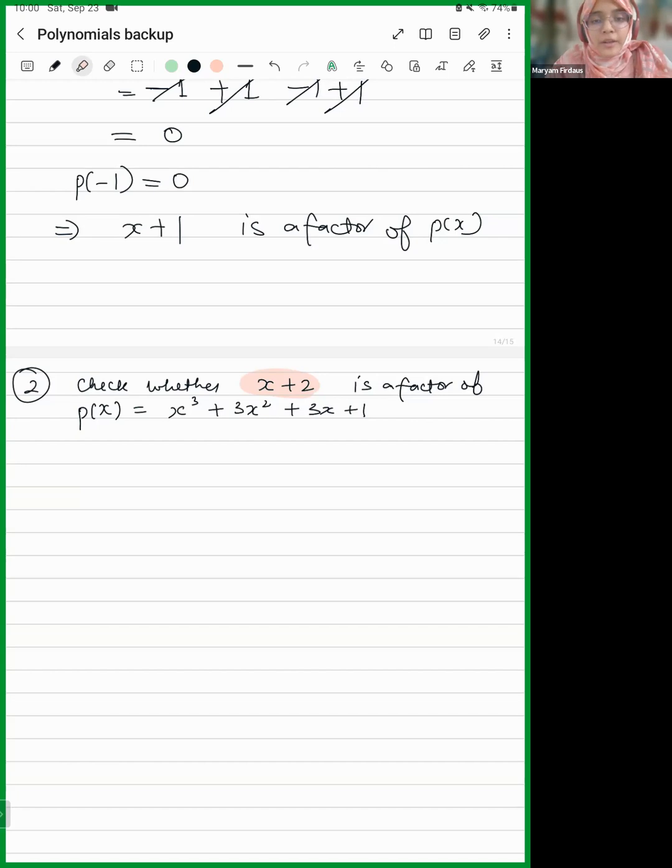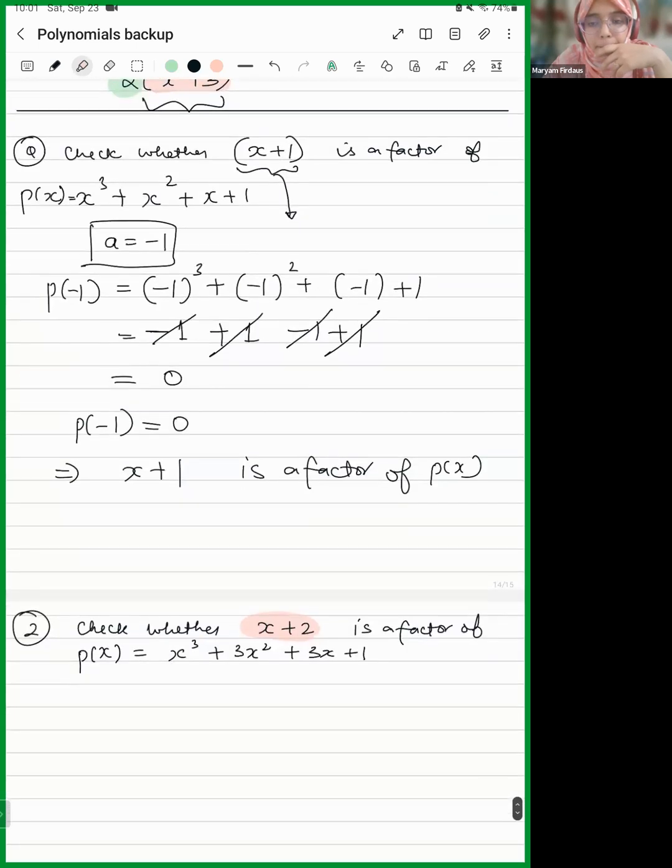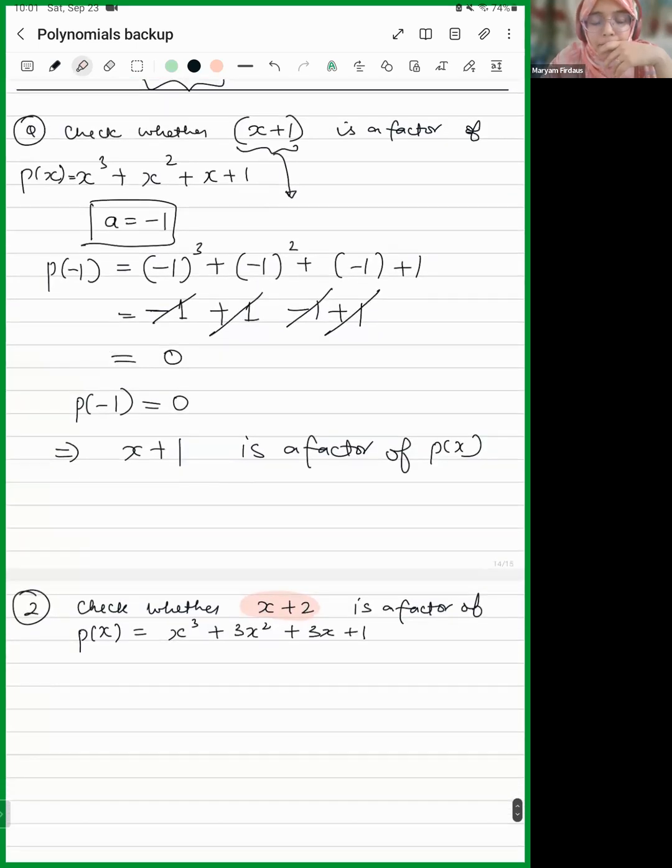Okay, looks like he's not there. Zen, are you there? Yes, ma'am. So, what is the first step that we need to do here? Look at what I have highlighted. That is a hint.